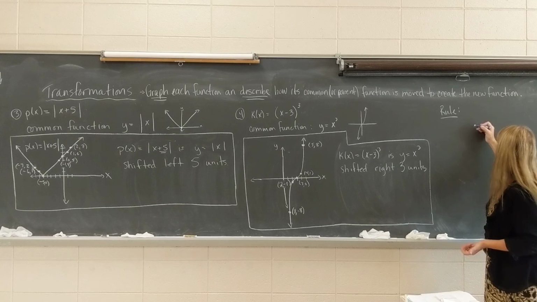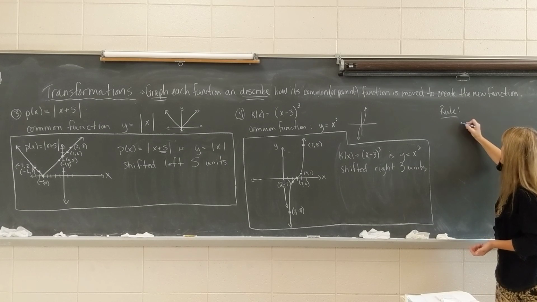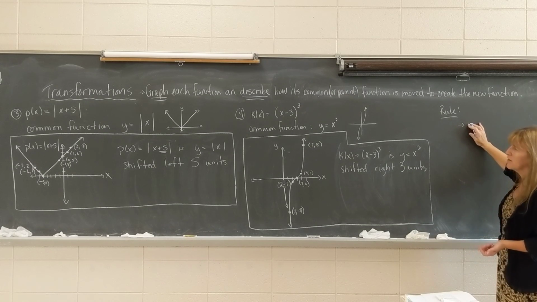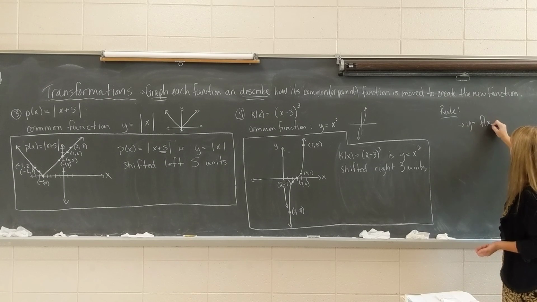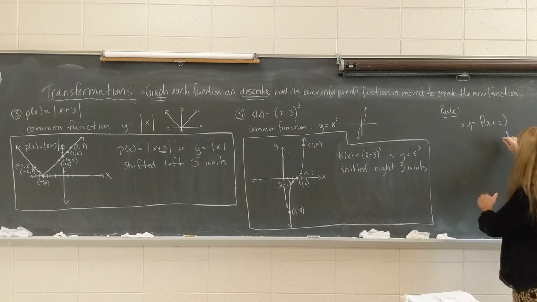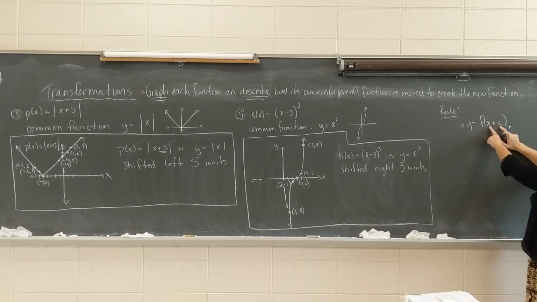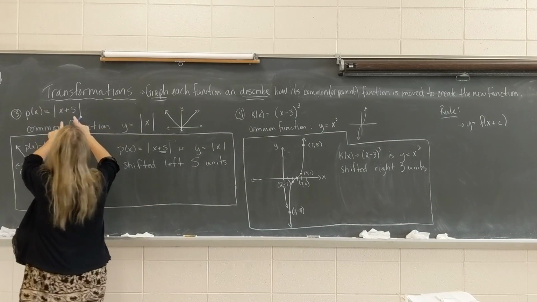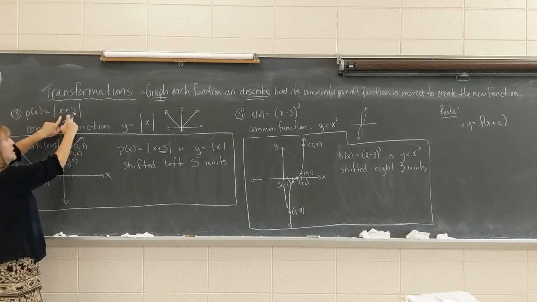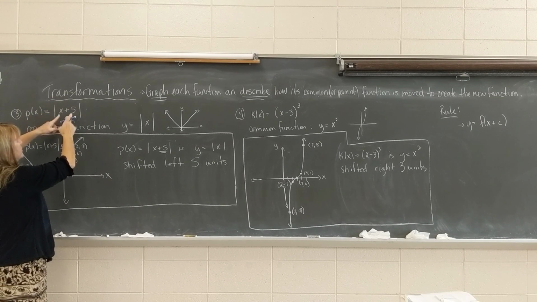And let's just give a couple of these things, like I did in the last video. So I'm going to say y equals f of x plus c. Notice I'm going to put the plus c inside the set of parentheses, just like it's inside the grouping for both of these examples. I don't need parentheses here, but if I put them there, that'd be okay, because this is already grouped with my absolute values.